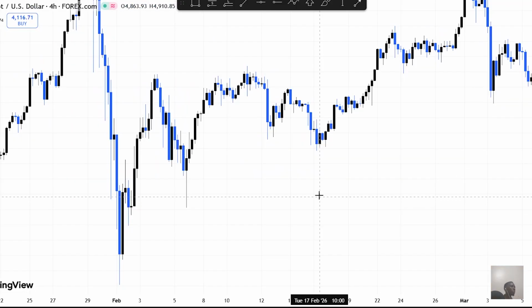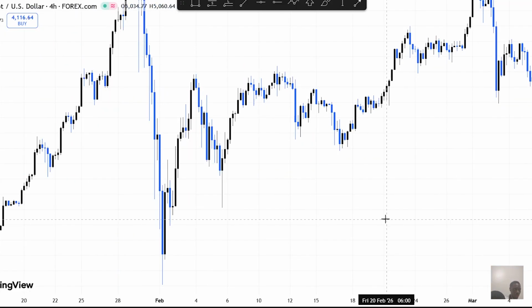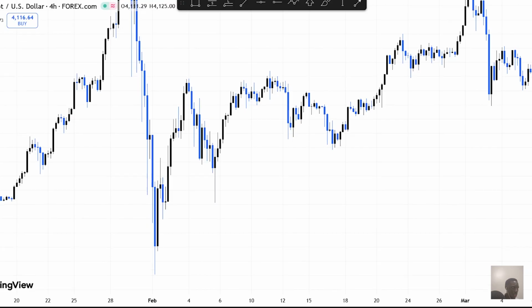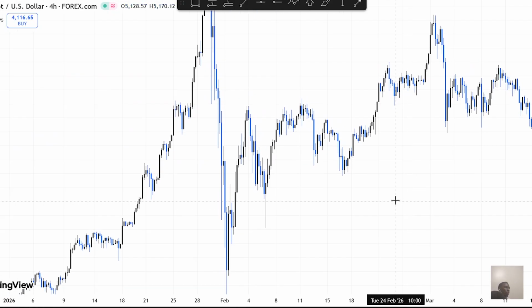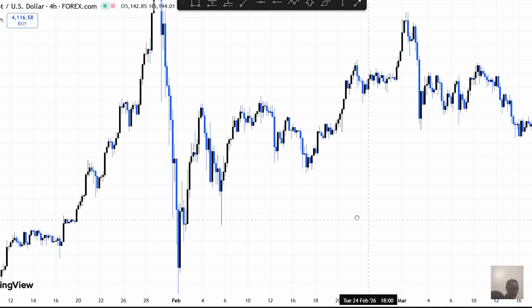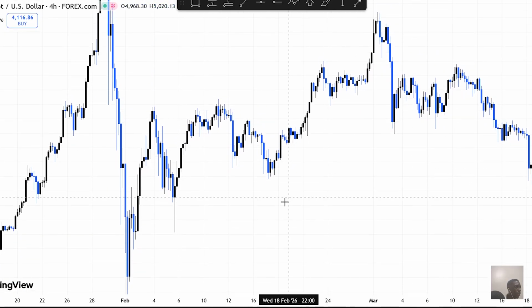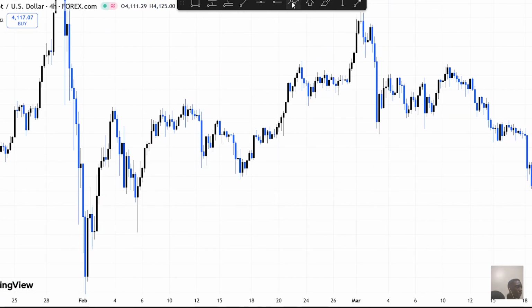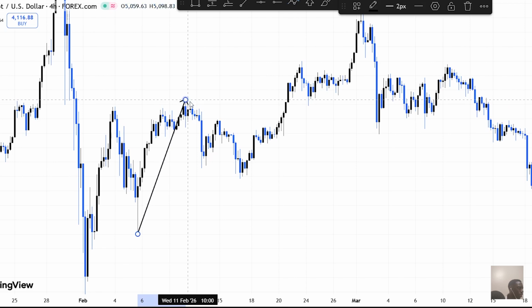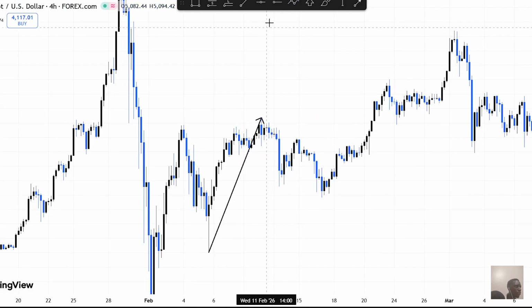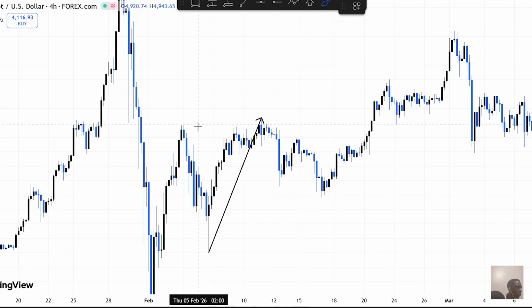So now let's look at the impulse and correction examples. Let's look at this example. Price comes on, we will start from here. Price pushes and breaks through this low.